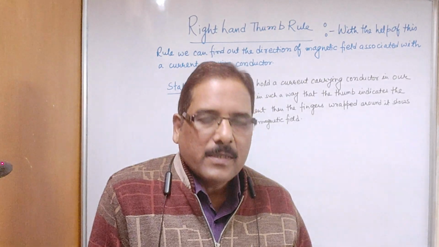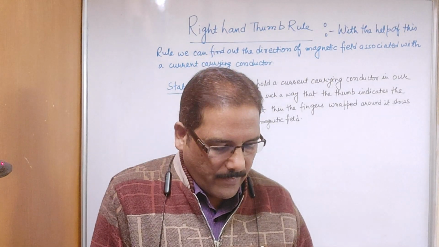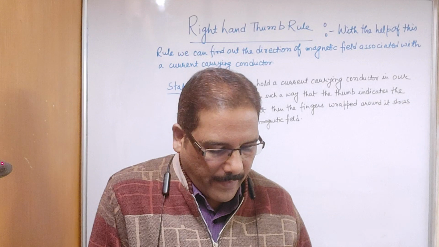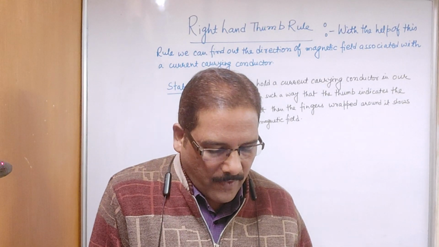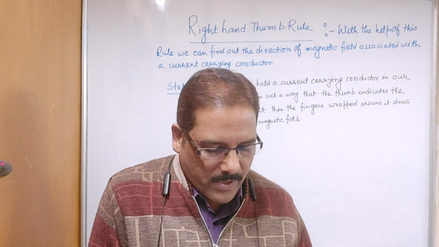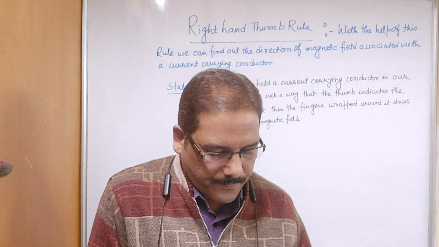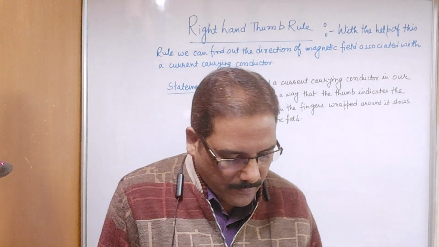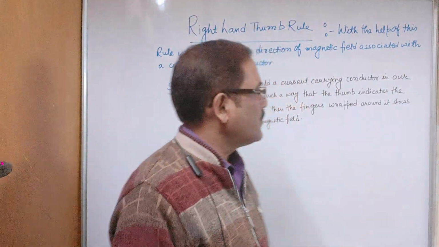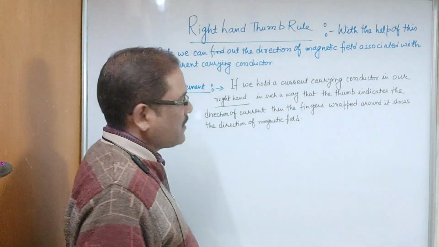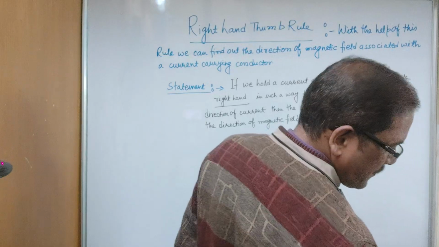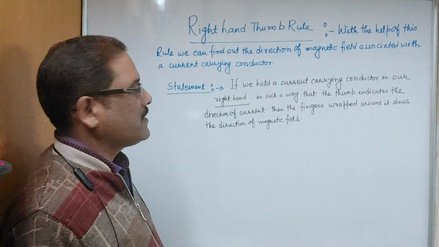Now there is a question, example 13.1. A current through a horizontal power line flows in east to west direction. So let us discuss this question. You must write the statement.